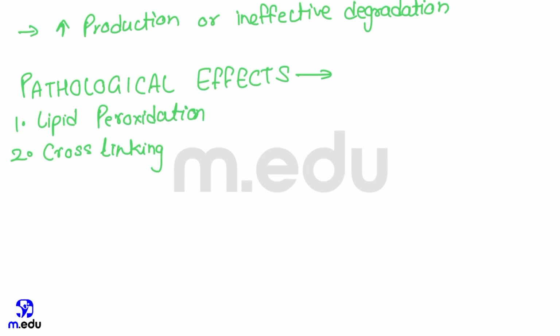Number two, cross-linking and oxidative modification of proteins. This damages the enzyme and causes abnormal folding of proteins. And number three, and finally, it causes damage to the DNA.